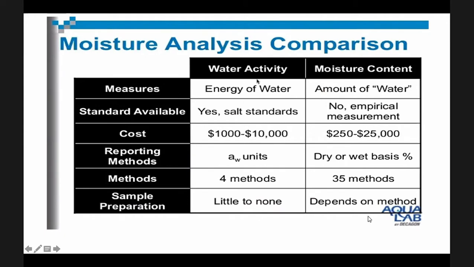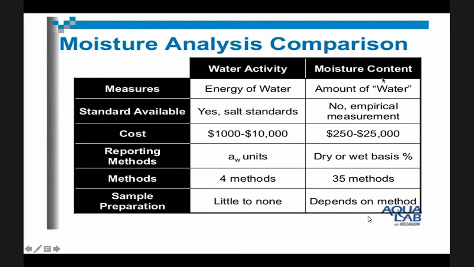Okay, so how is water activity compared with moisture content? In terms of measurement, water activity measures the energy of the water, while moisture content measures the amount of the water. So see, this is clearly the defining difference of the two parameters. Next, standards available. Yes, you need also standards. You remember before in our analytical lecture, you have your primary standard, right? Secondary standard, you have your working standards. So in checking water activity, you need also salt standards.